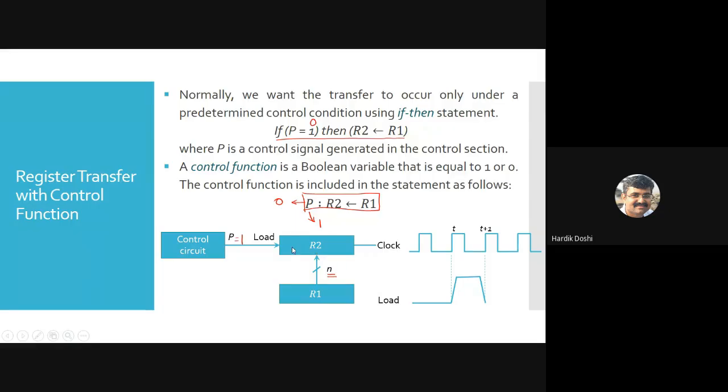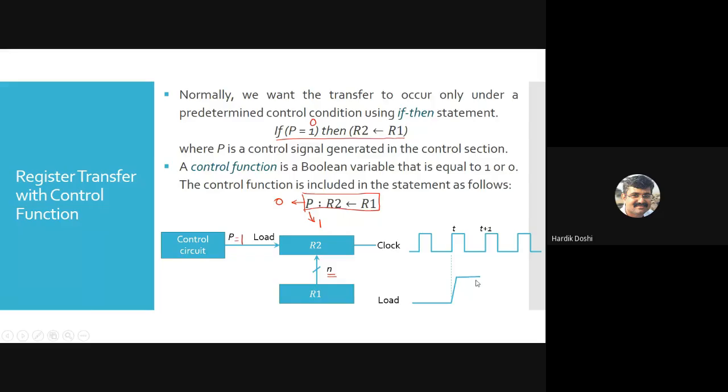Repeating my point again, when the P value is 1, which is given to the load signal of R2, the content of R1 should be transferred to R2. But exactly at what time? Over here it became 1. Should data transfer from R1 to R2 here? No, not at this point.